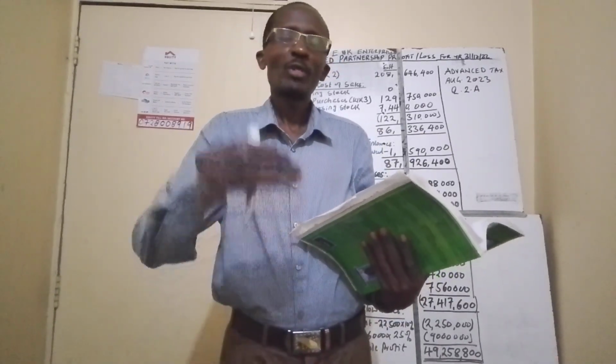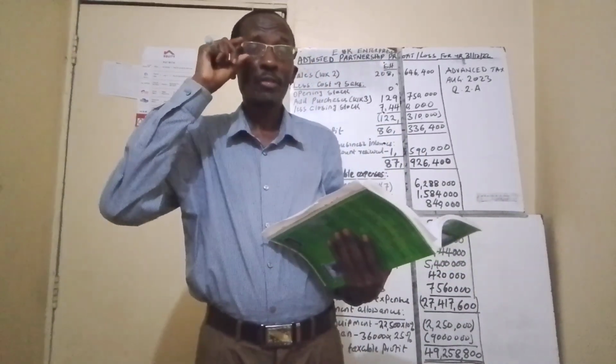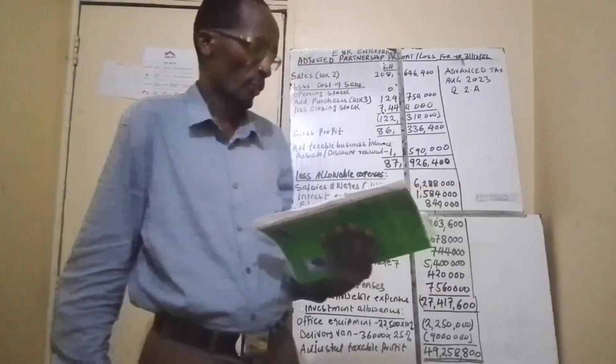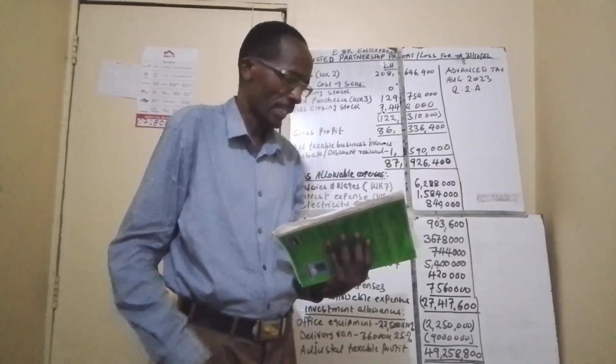The indirect method would be applicable where the accounting profit has been computed, because if you have the accounting profit, you just need to add back disallowable expenses and then deduct all the non-taxable incomes. That is not the case here. There is no profit which has been computed, so it is upon you to calculate.